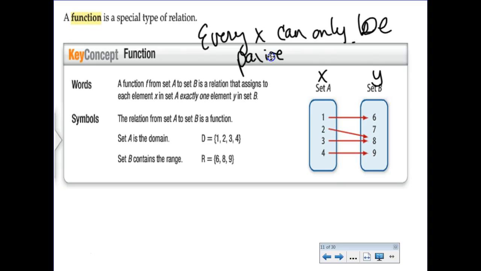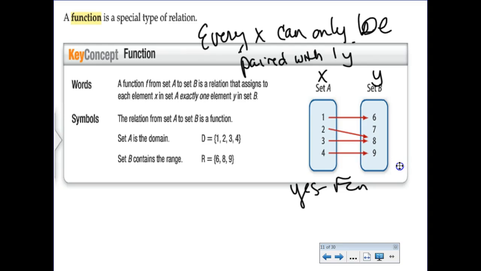There is a y that's paired twice, but that's not the way the definition works. It's every x can only be paired with one y. All right. So yes, this is a function.